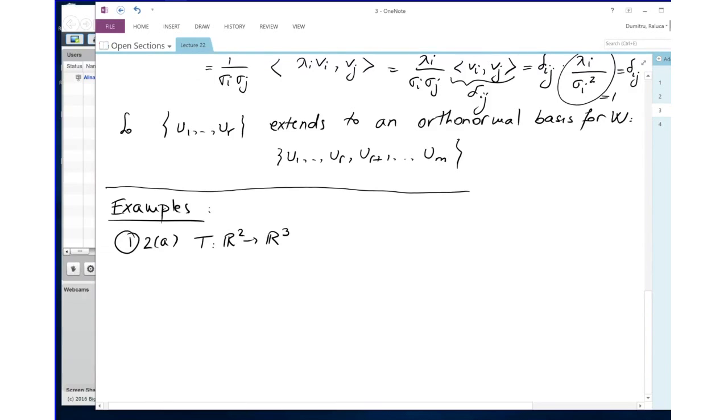We're going from R2 to R3, and the operator is the following.